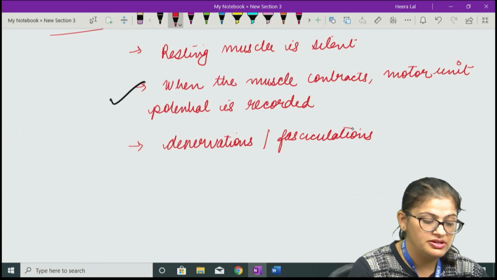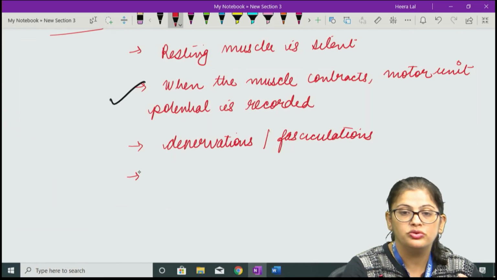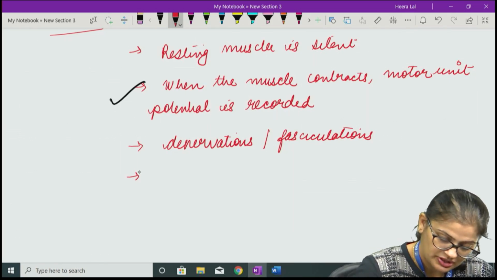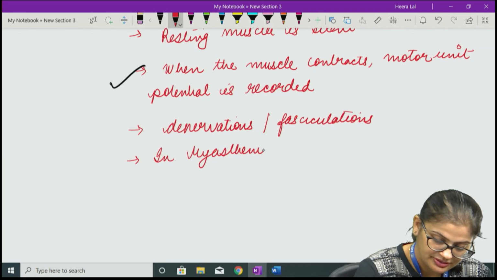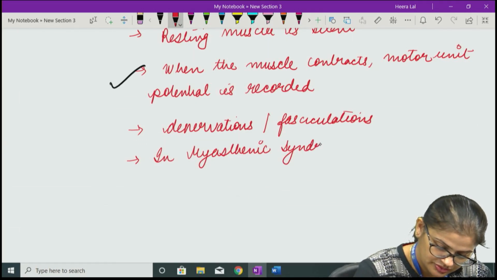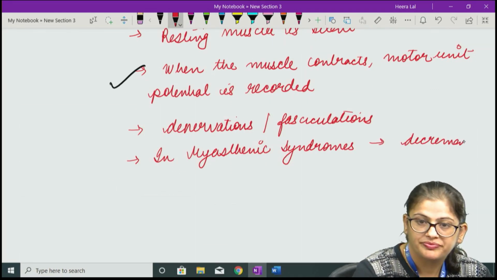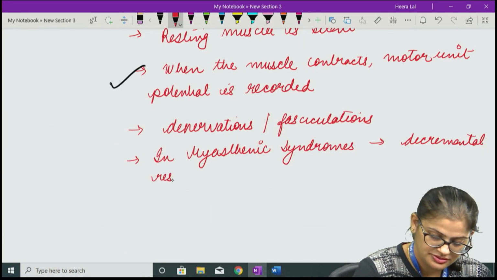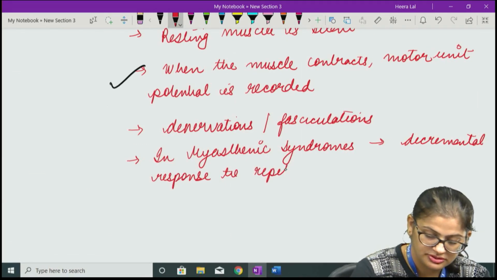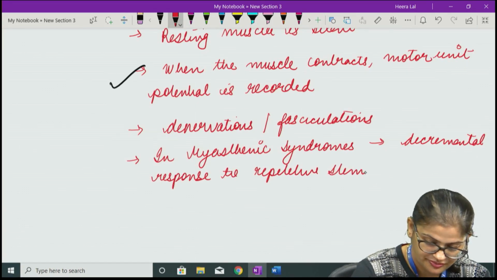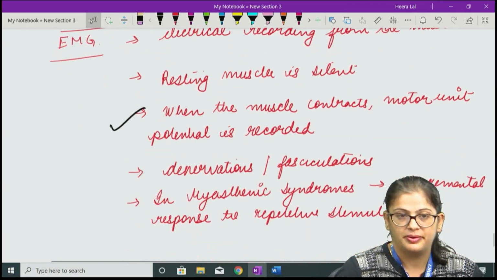And it is even helpful in the diagnosis of myasthenic syndromes, where you can see a decremental response to repeated nerve stimulation. So this is not helpful in the diagnosis of cerebral palsy.